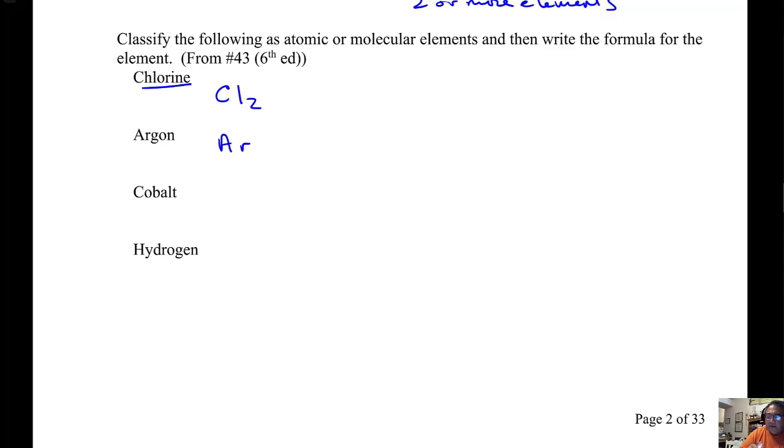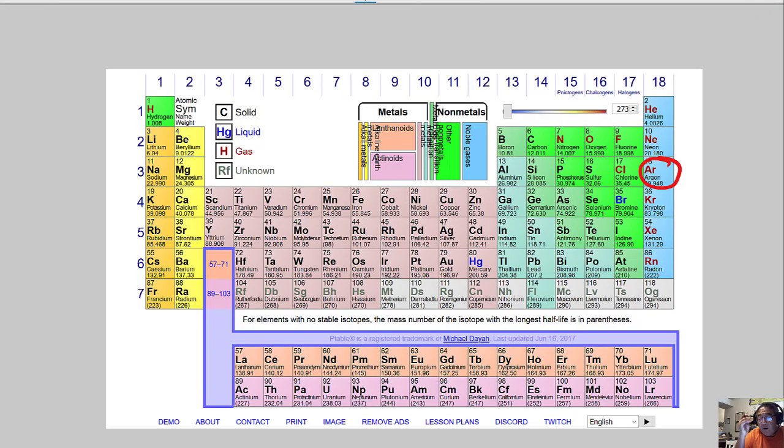Now we have to look up cobalt. Pause real quick and see if you can find cobalt on the periodic table. It's in the middle of the periodic table here. Again, the diatomics are over here, and they include hydrogen as well.